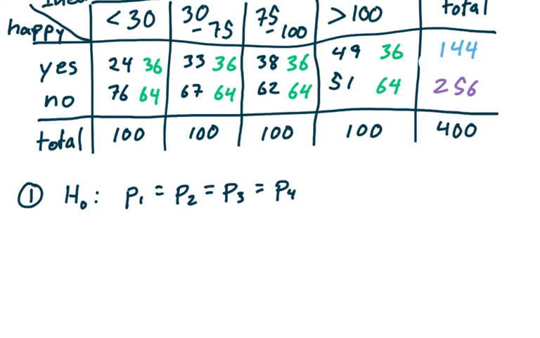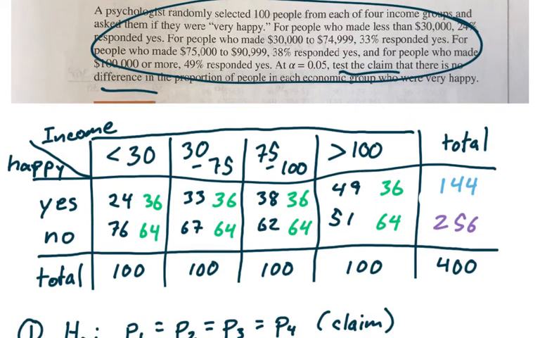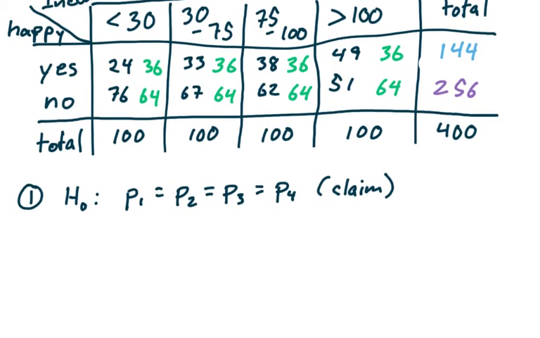And we could even say that this is, well, we've calculated the expected value, and that is equal to 36%. But regardless of what the expected value is, you don't have to necessarily calculate that ahead of time. In this particular case, they said test the claim that there is no difference. And so here we're saying they're all equal, and that is our claim.